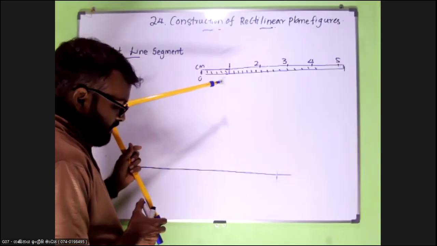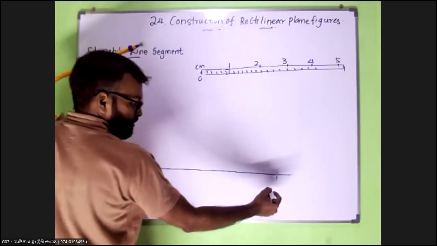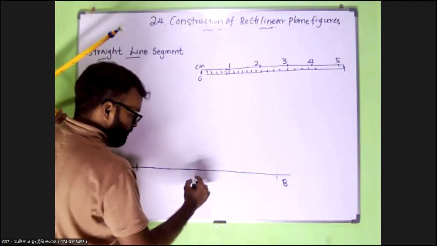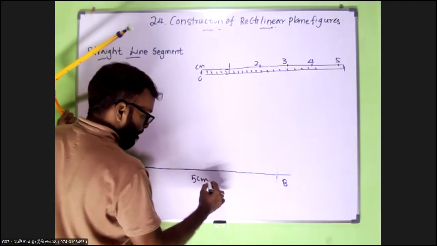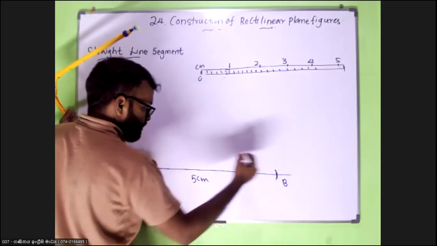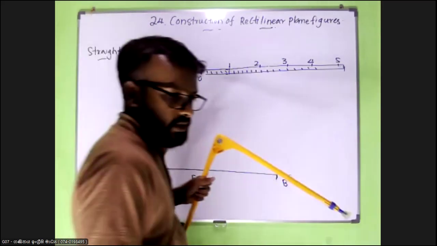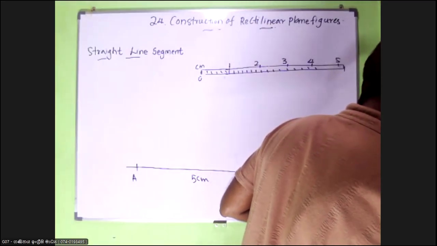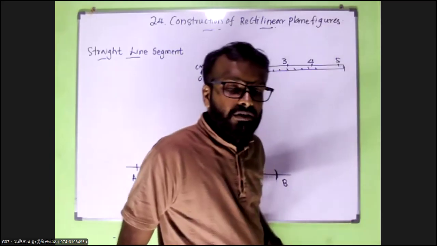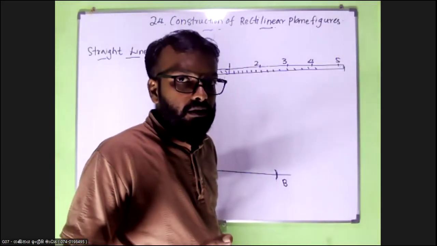This is where my B is, and you have to mark that this length is 5 centimeters. This is 5 centimeters in length. Then you are going to draw an equilateral triangle.